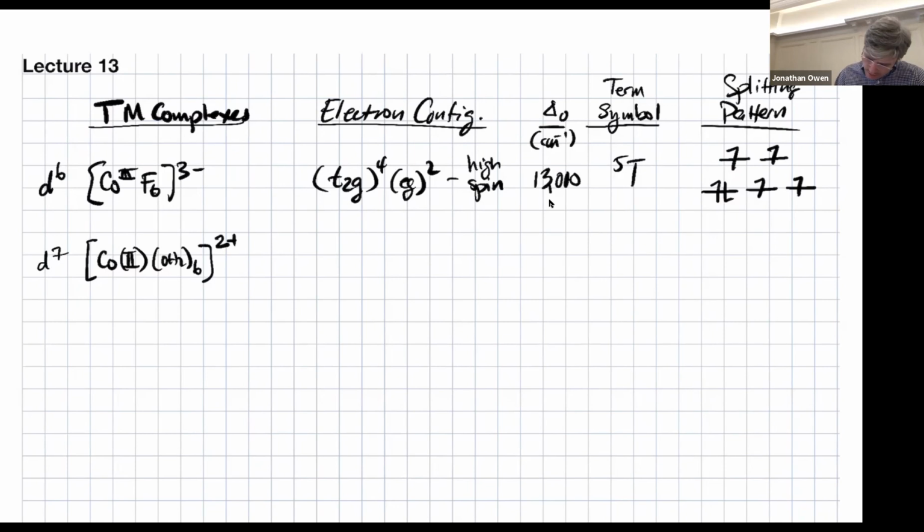This compound is T2G5 Eg twice, and it is also high spin. The delta O here is 9,000, and it has a quartet T state.